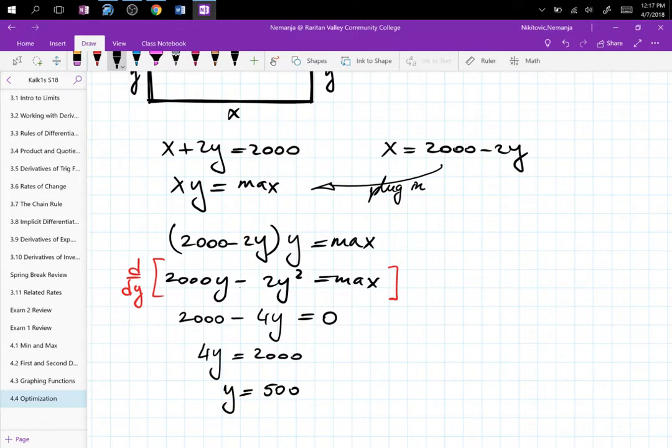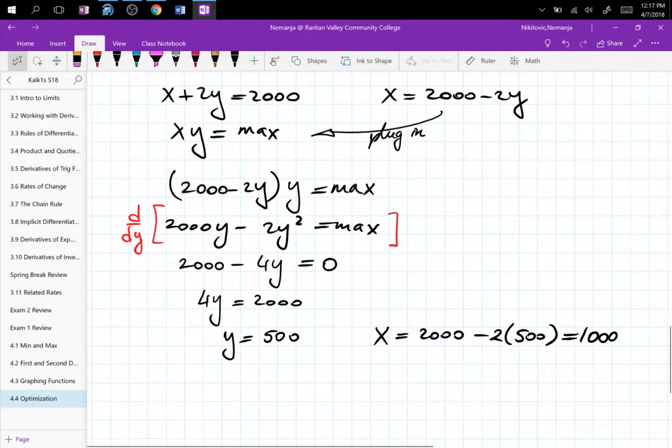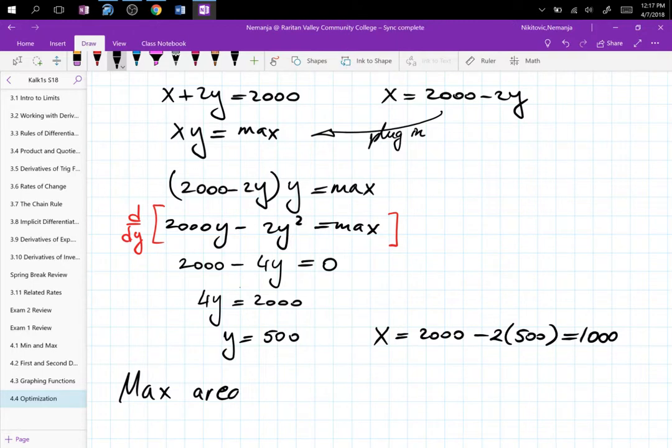Nice, right? But then we have x equals 2000 minus 2 times 500, which is 1000 now, you see? So it's no longer a square. So max area at 1000 by 500 yard in this case.